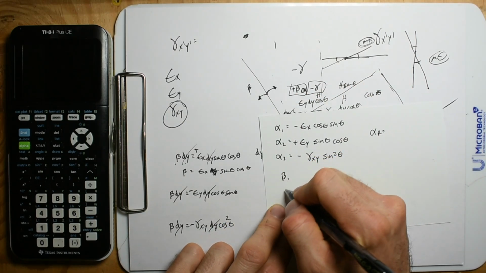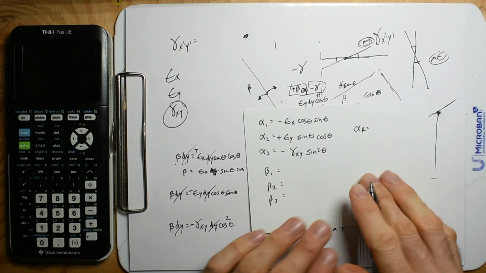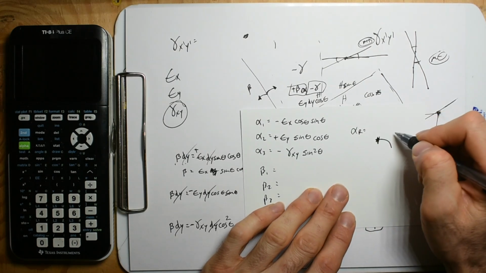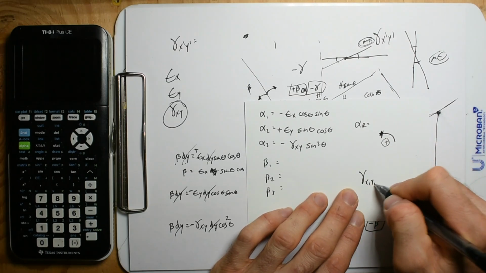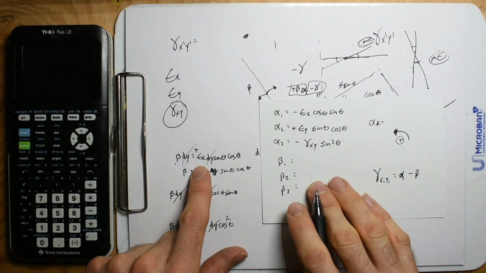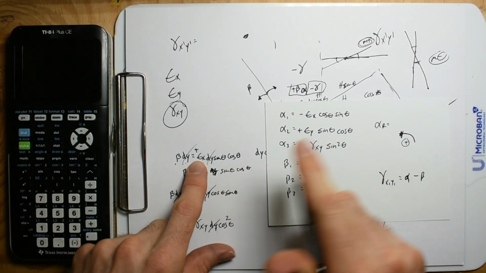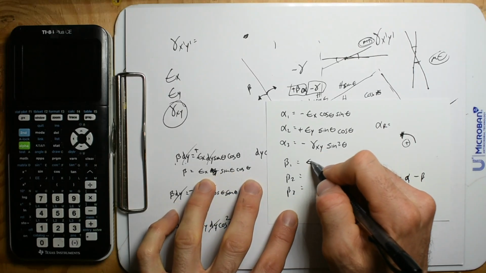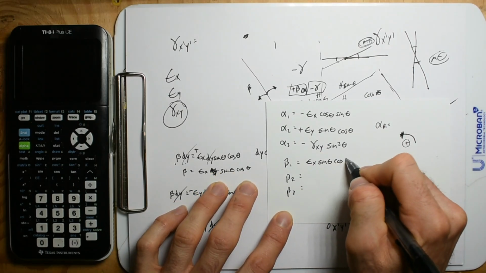So beta 1, 2, and 3. And we're still saying that clockwise rotations are positive. So the total shear still is going to be alpha minus beta. But beta, due to the normal strain in the x, is normal strain in the x, sine theta, cosine theta.